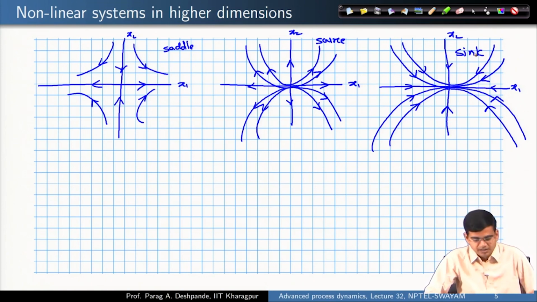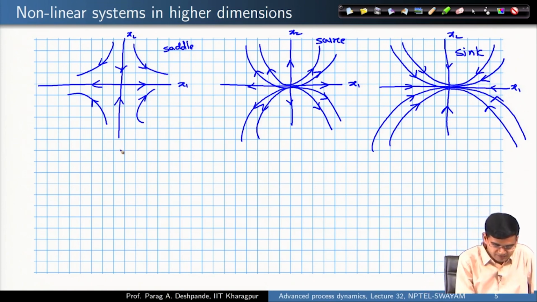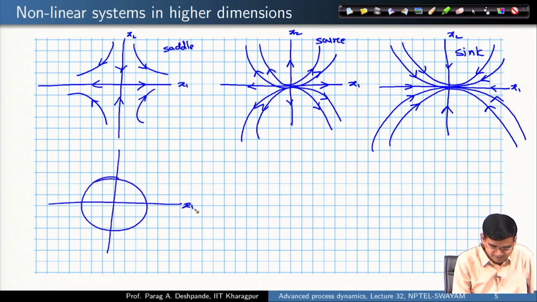All three are for real eigenvalues. Then we had center, in x1, x2.